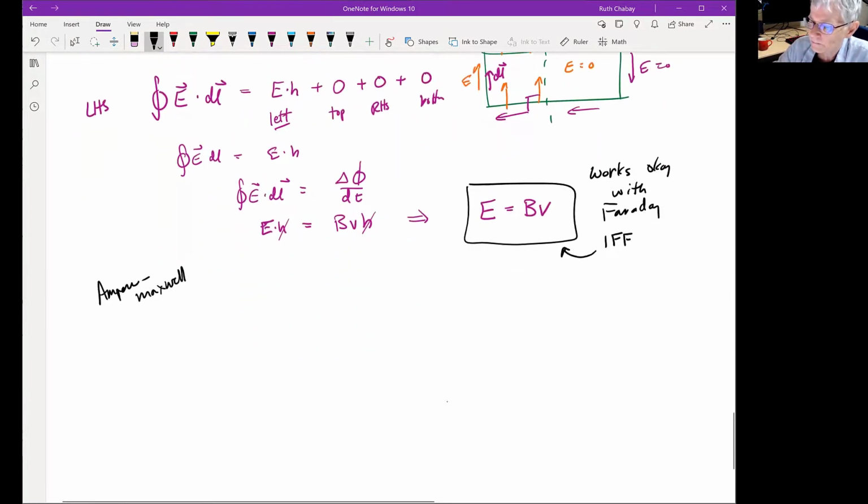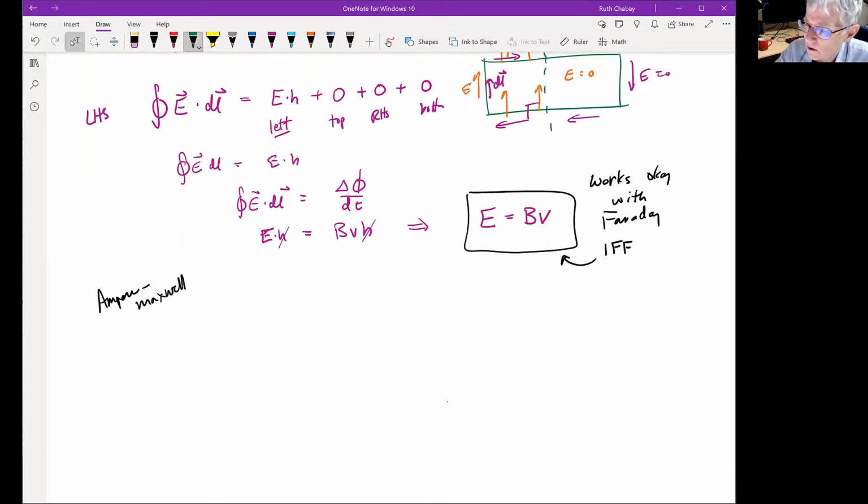Here's our region of non-zero field, moving that way.